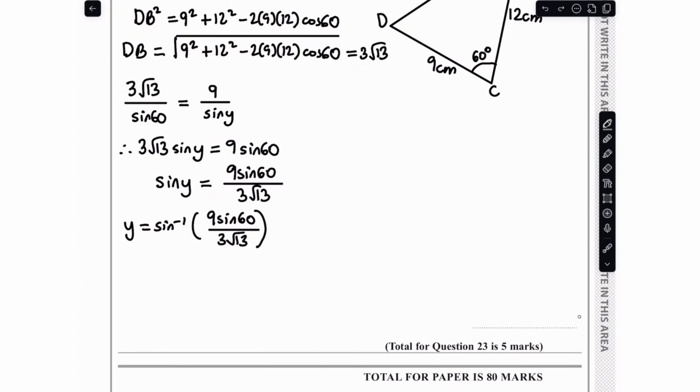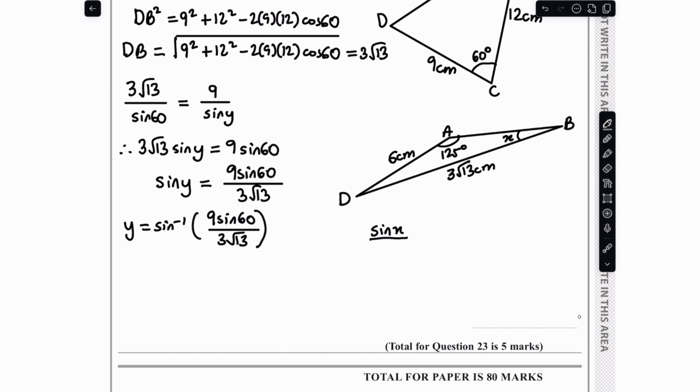And to obtain the value of angle x, we need to look at triangle DAB, which looks something like this. So using our sine rule, we have sin x over 6 equals sin 125 over 3√13. Therefore, sin x equals 6 sin 125 all over 3√13.